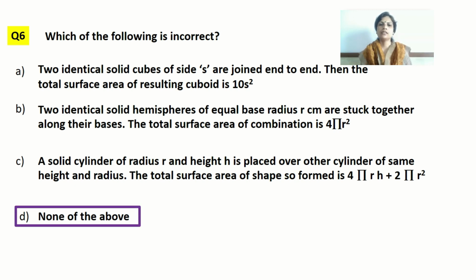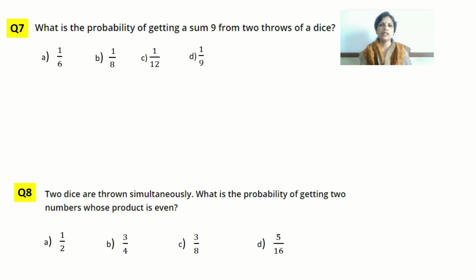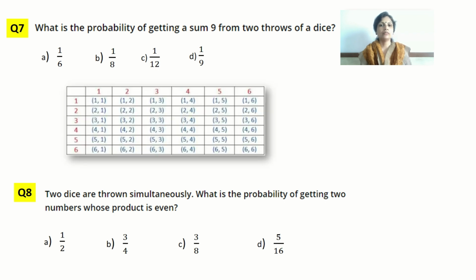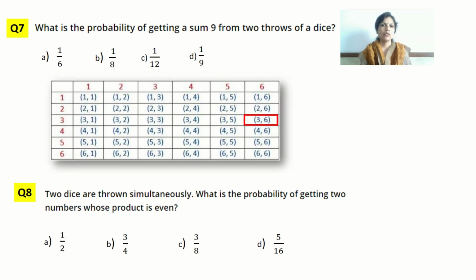What is the probability of getting a sum 9 from 2 throws of a die? Now when you throw two dice together, how many combinations you get, that you all are aware. Total outcomes is equal to 36. What is asked? Probability of getting a sum 9. Now just check out in the combination, where do you get the sum as 9?